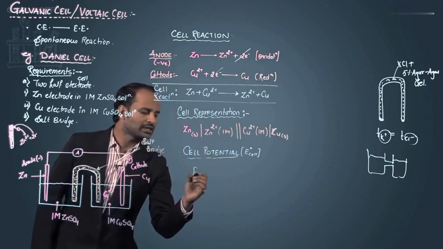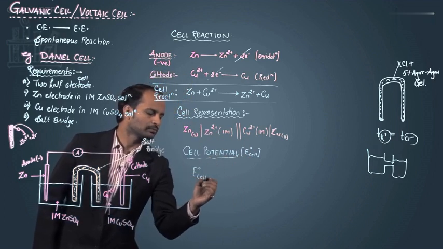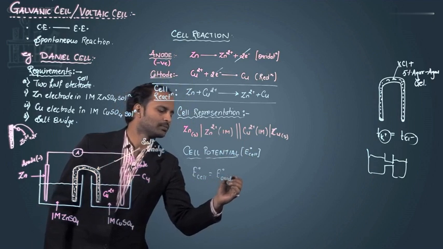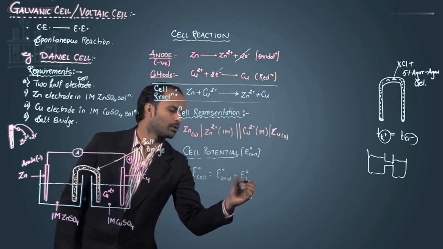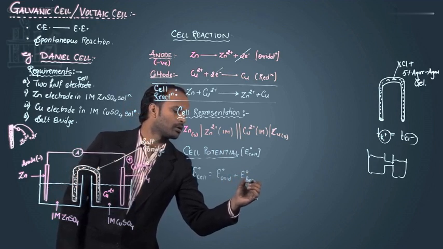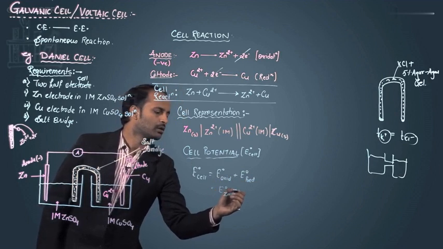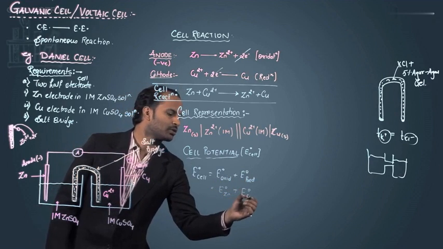So E naught cell is equal to oxidation potential plus reduction potential. Here the oxidation is taking place on zinc and the reduction is taking place on copper.